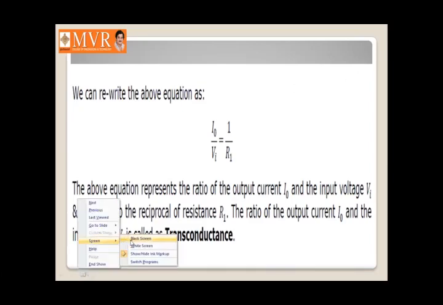And so up to now, what we have discussed is a voltage to current converter with the floating load.